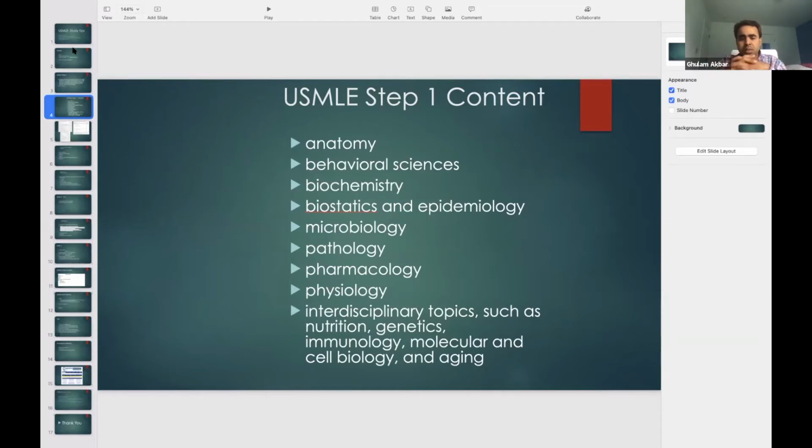This applies especially to our IMGs, especially from Pakistan and India, because there is not much focus on biochemistry, biostatistics, even microbiology sometimes. And geographically, it's certainly way different when we read about microbiology, because if you're taking USMLE, the questions would be focused on microbiology prevalent in the USA, not necessarily in Pakistan or India.